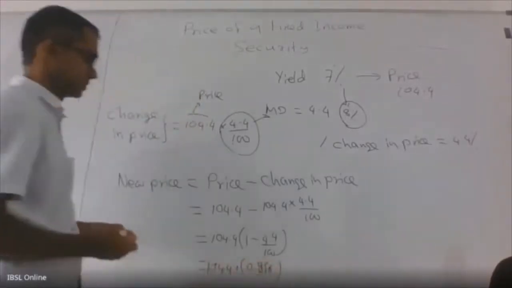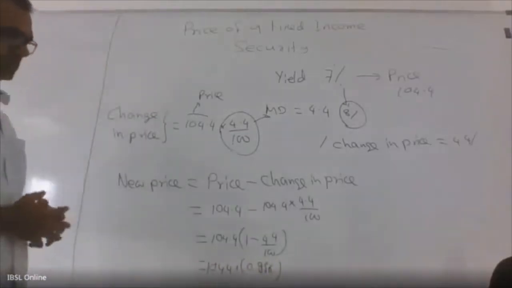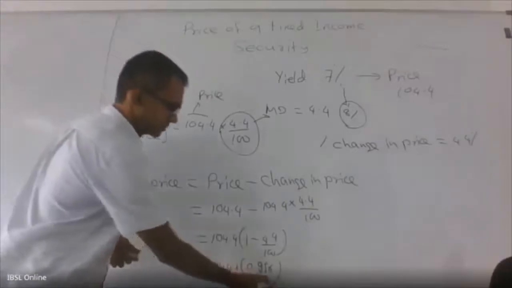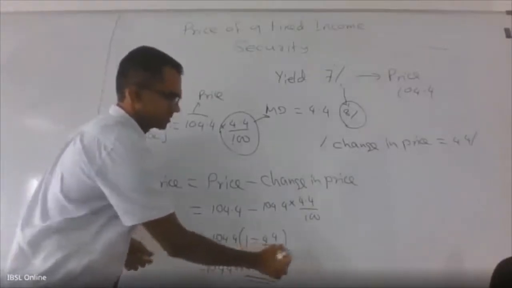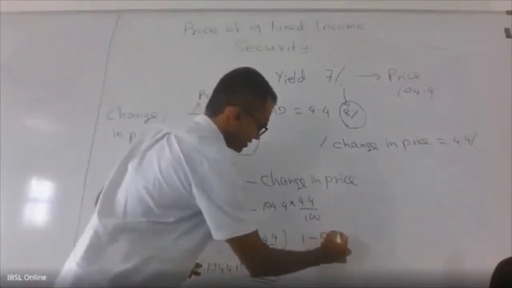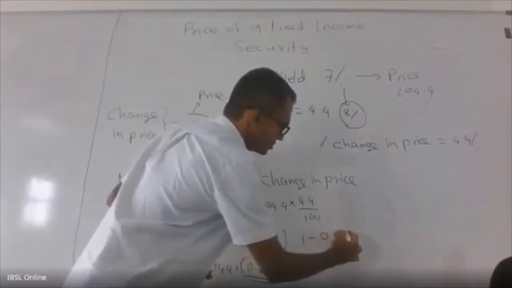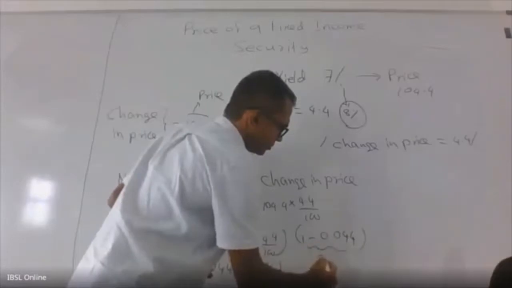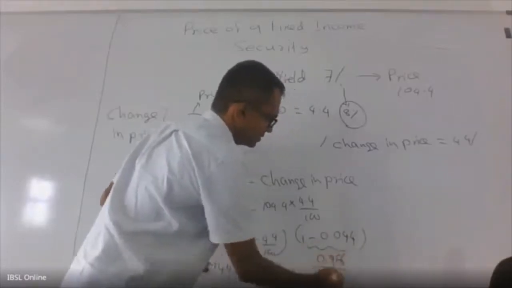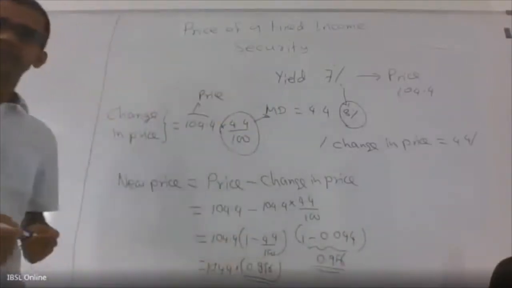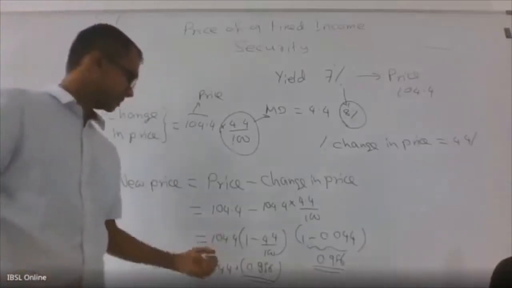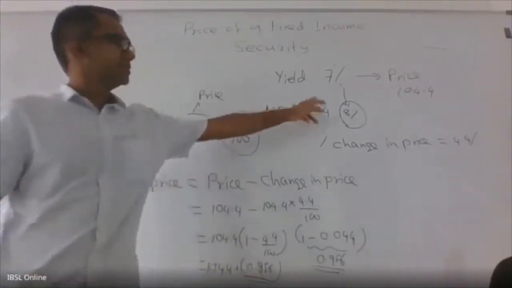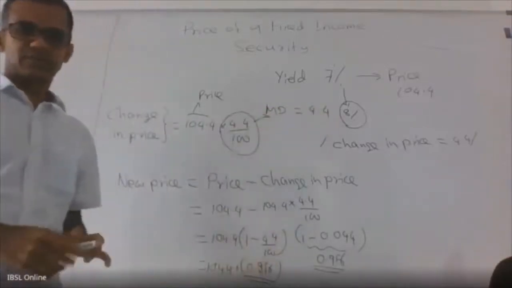Is it correct? One minus 0.044, you get 0.956. This is what I use as 0.96. The price multiplied by 1 minus modified duration as a decimal.